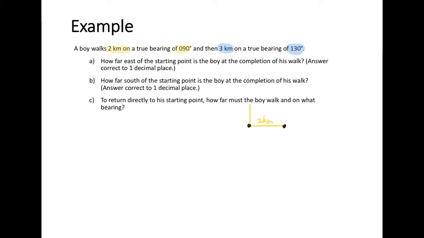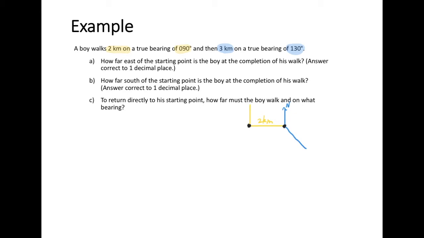Then the boy walks another 3 kilometers, this time using a true bearing of 130. So again, I need to add in my north guideline. And this time he's going to walk 130. So that is going to be 90 degrees horizontal and then an additional 40 degrees down into this direction.